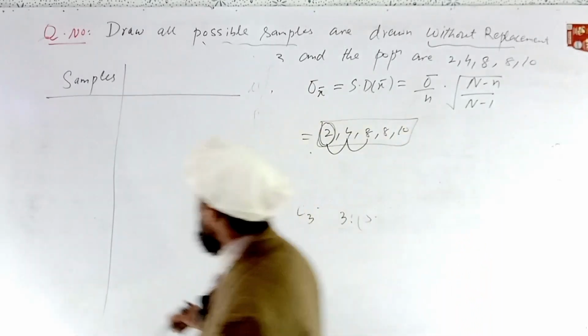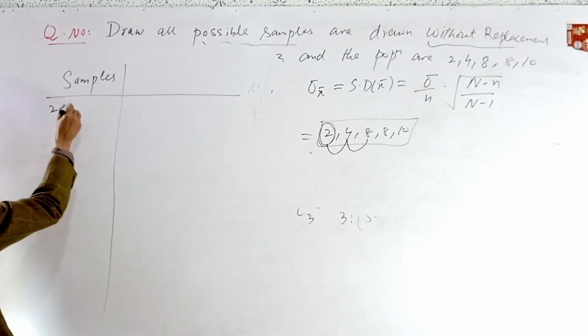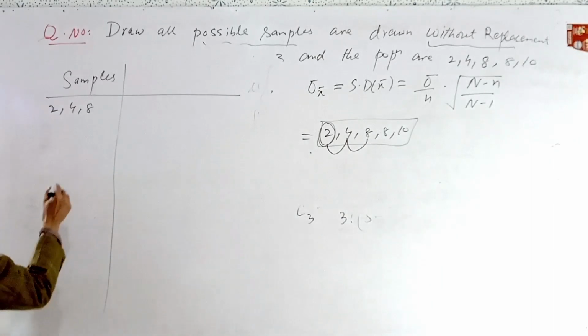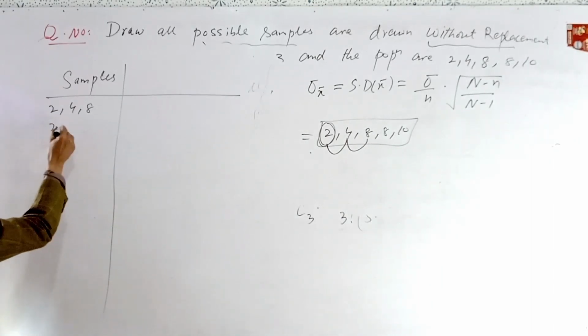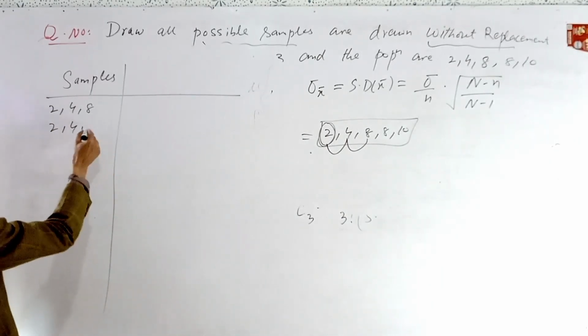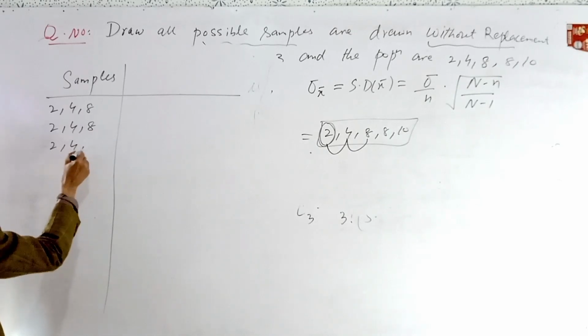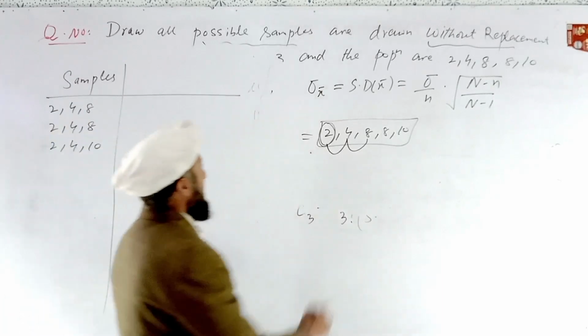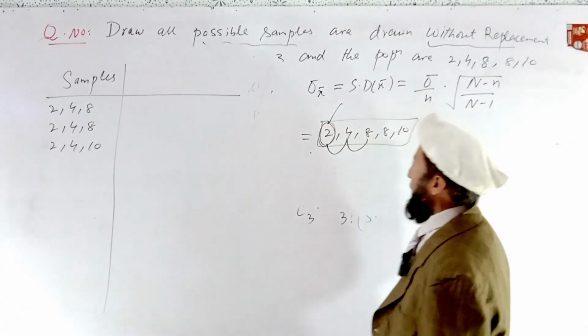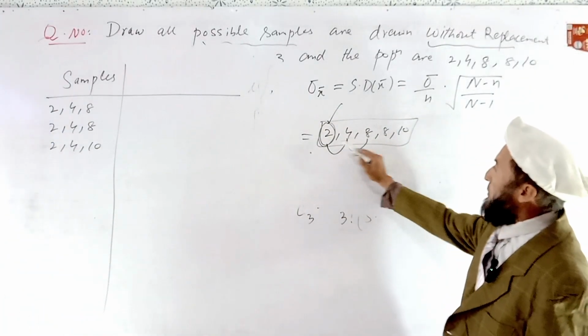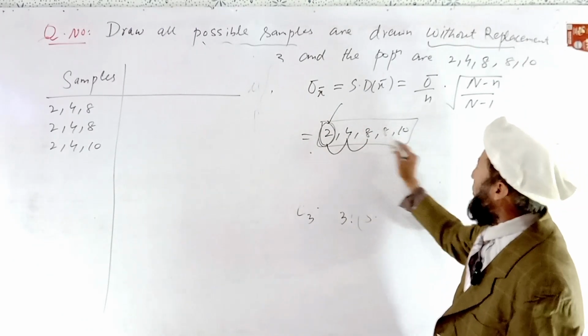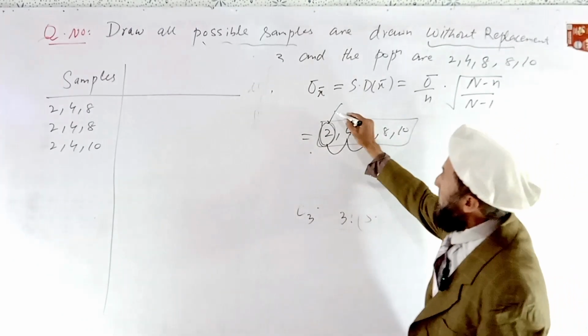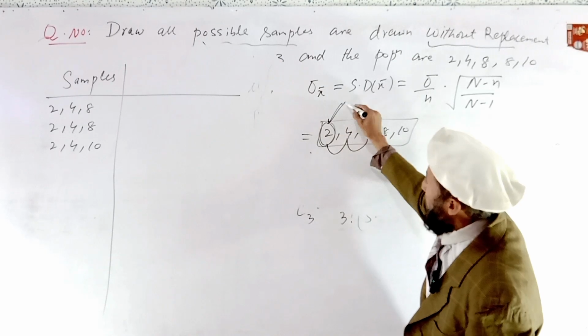The samples are 2, 4, 8, and 2, 4, 10. The first one we take is 2, 4, 6, then 2, 4, 8, then 2, 4, 10. That one is now finished.